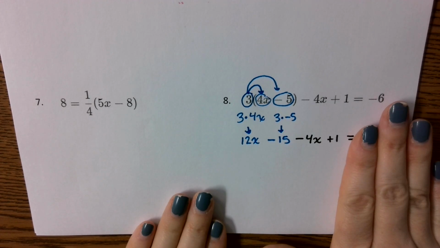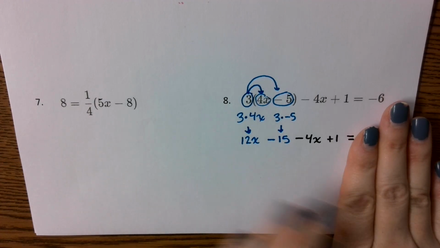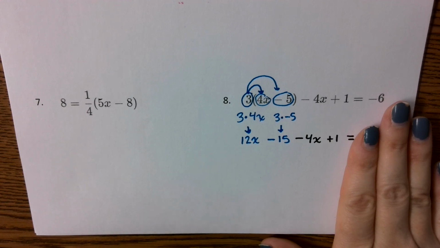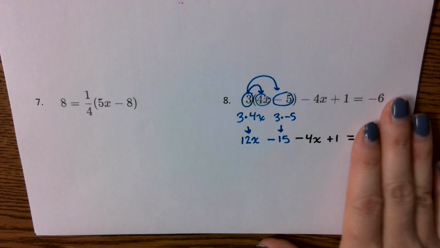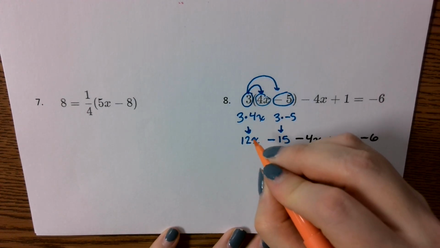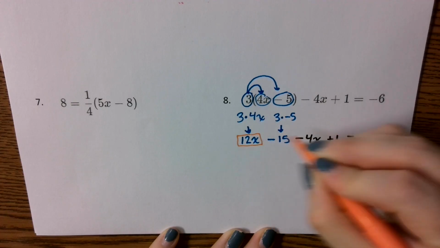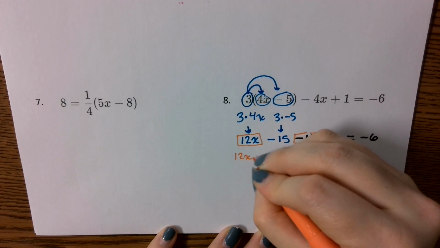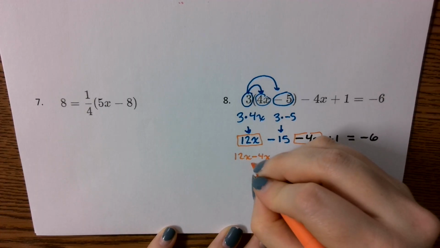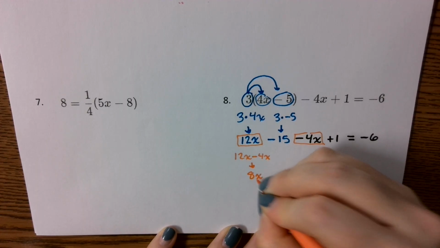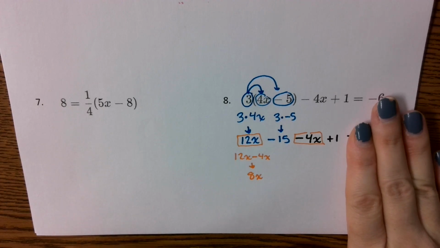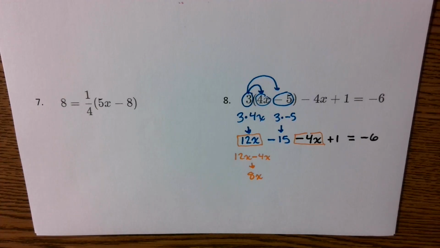Okay, so taking a look at the left side, can I simplify anything here? Yeah, 12x and what? Negative 4x. Who said negative? Good job, Ava. Negative 4x. So we've got 12x and negative 4x that can be simplified. So if I do 12x minus 4x, that's going to come out to 8x. All right, so I've simplified that. Is there anything else I can simplify? Negative 15 and positive 1.